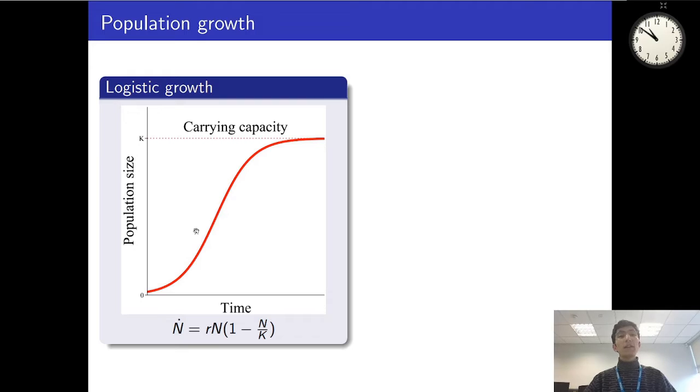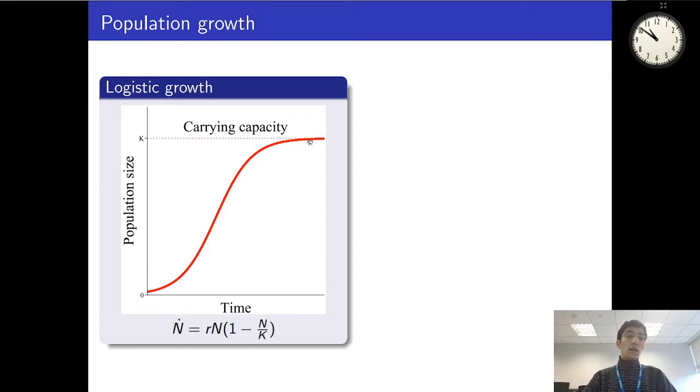So there is a maximum capacity that the environment can support, and as the population become closer to that value, the speed of their growth gets reduced until they eventually reach that carrying capacity.